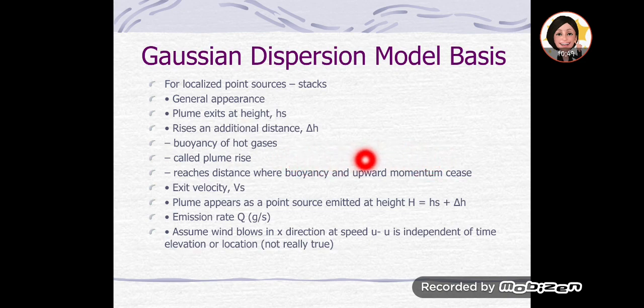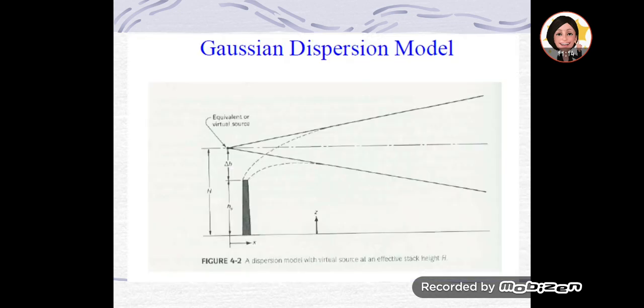Buoyancy will bring it up to a point. Then what is the exit velocity from the stacks? What is the emission rate, and does any wind blow in a direction? These are the informations that we need for us to design a Gaussian model.